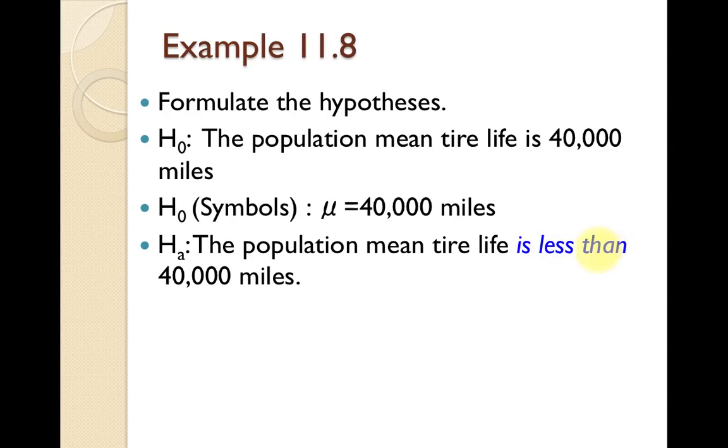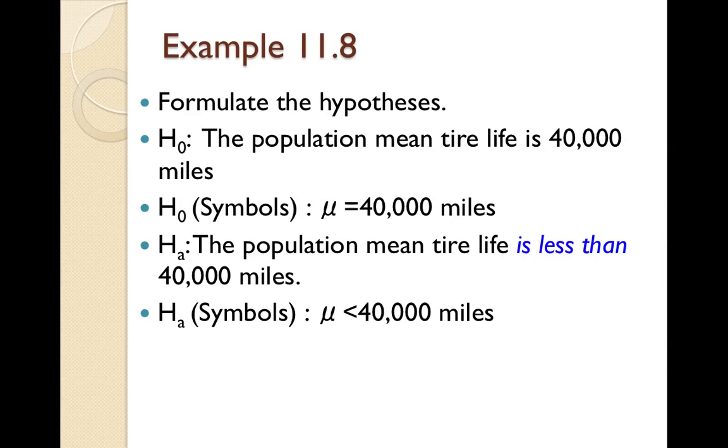And there's a reason for that, and we'll see it as we move towards the next step of the process. But it would be incorrect for you to state 40,000 is too high right here. We want to stick with the phrasing is less than or is greater than. And then symbolically we have mu less than 40,000.